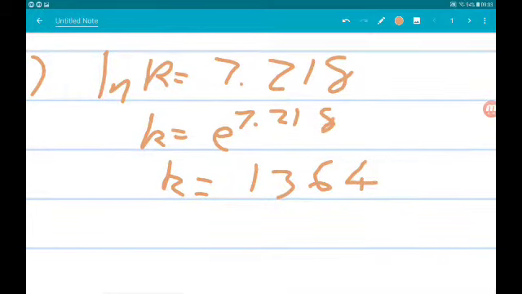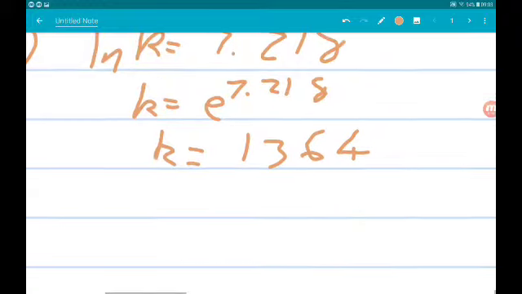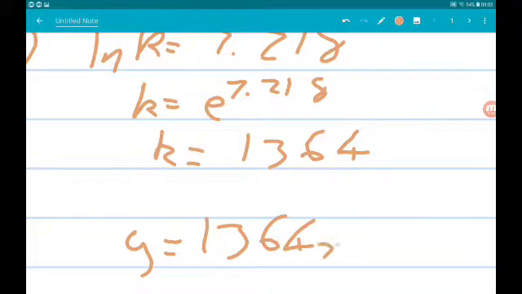Now, because n is minus 1.999, I think we can happily round that to minus 2. So we can say y is 1,364x to the minus 2. Cool.